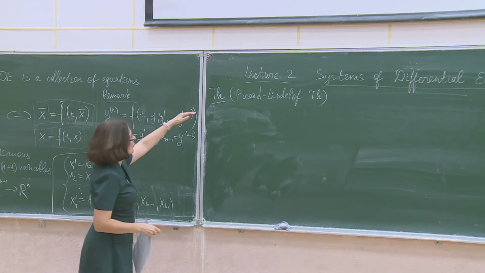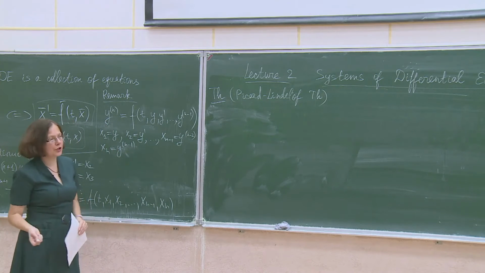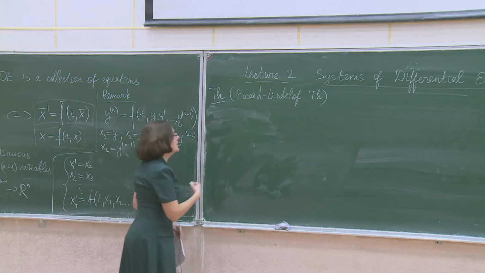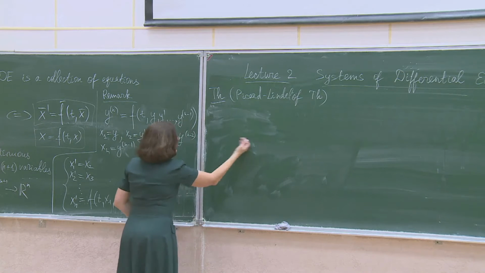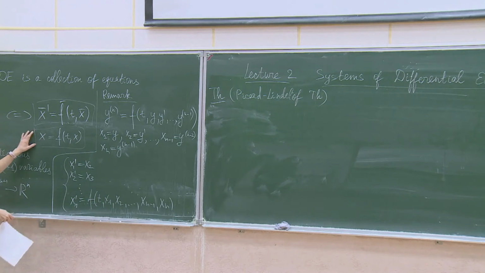But before we discuss this, I want to introduce some notions that we would need in the future. Okay, so this is our equation. Let it be equation number 1, the vector equation.